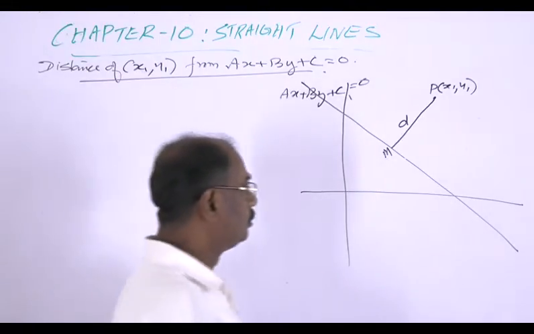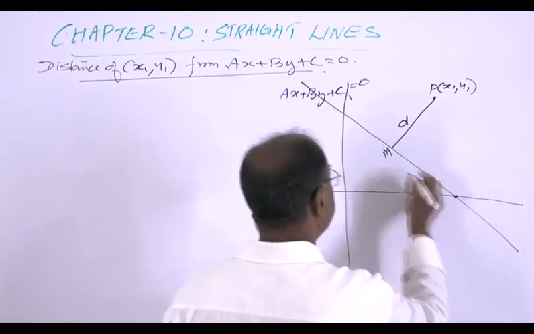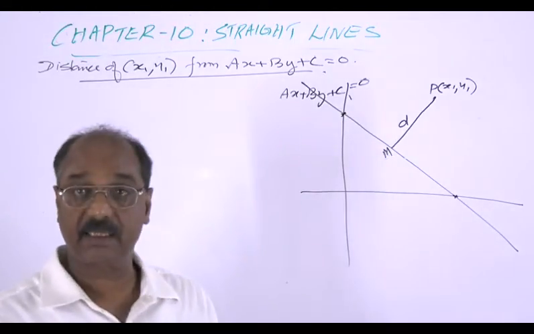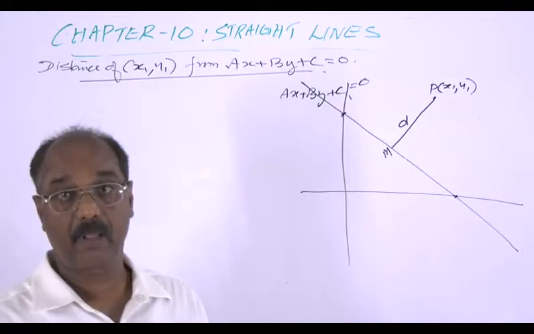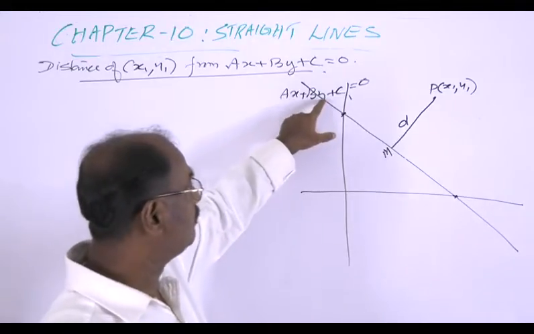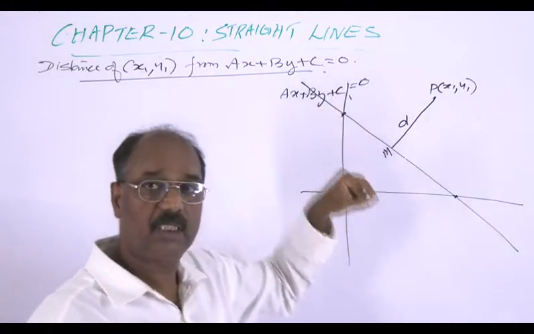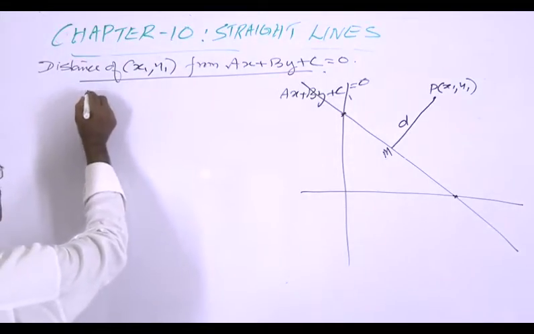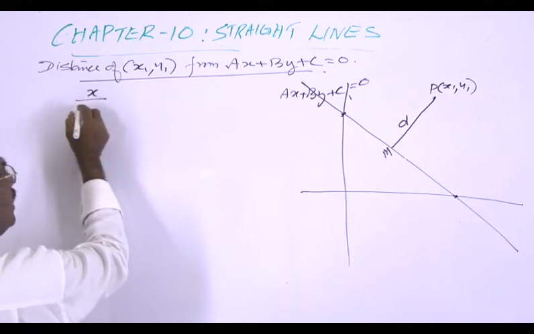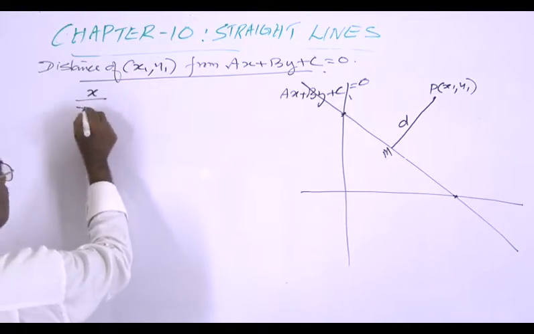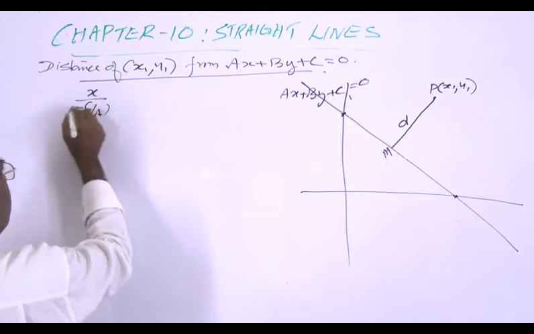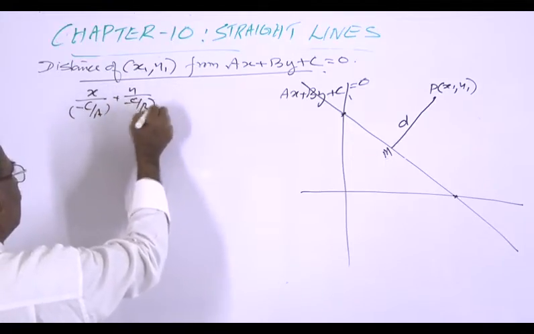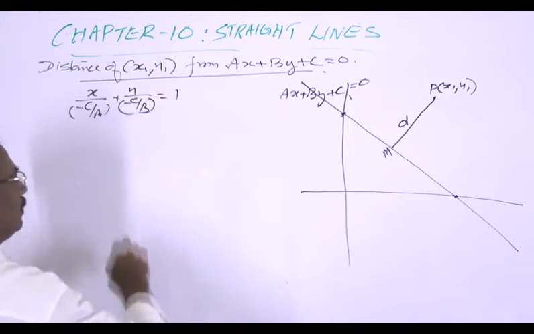And now, consider the points where the line meets the axes, x-axis and y-axis. When we put ax plus by plus c equal to 0 in the intercept form, we get the equation x by minus c by a plus y by minus c by b equal to 1.